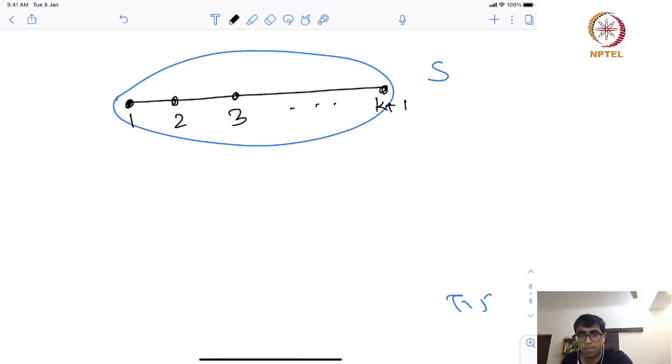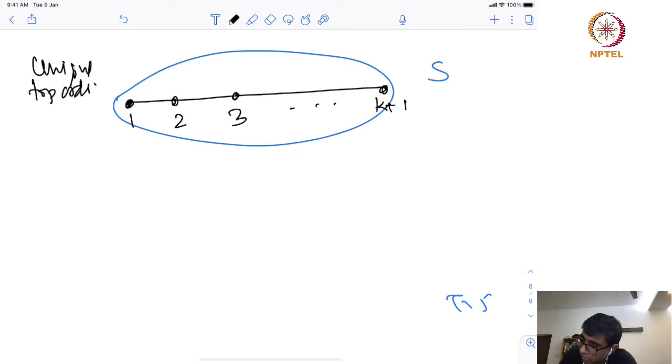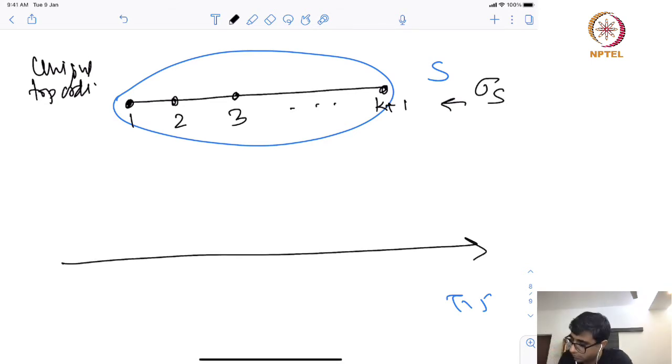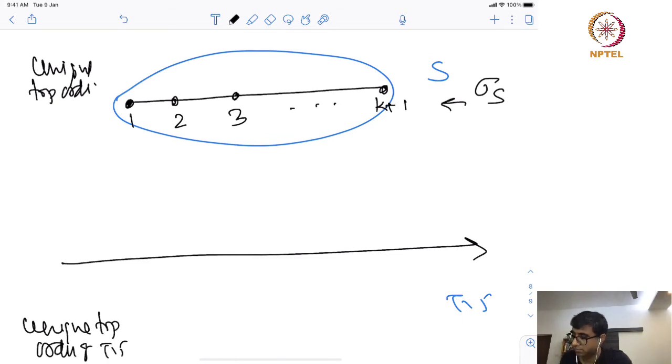I have named them. I will call this ordering sigma S. Similarly, T minus S has a unique topological ordering.